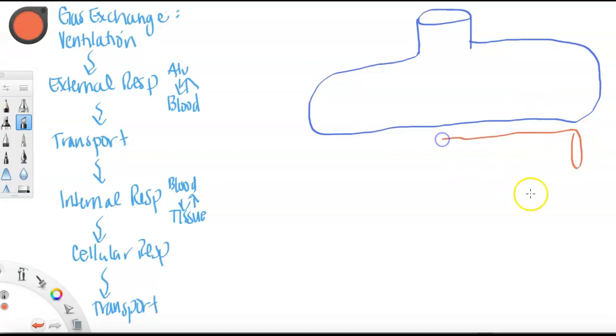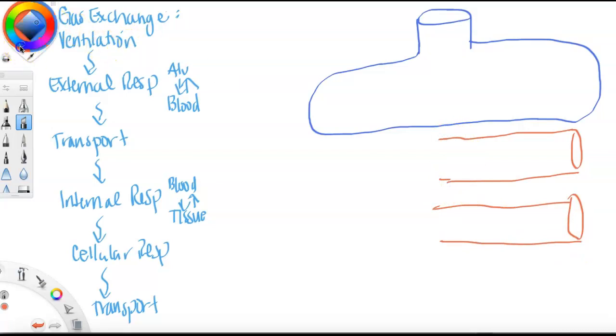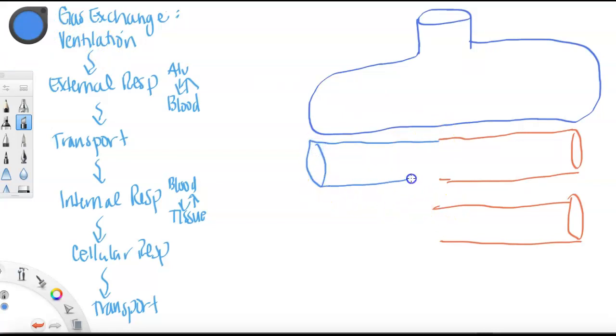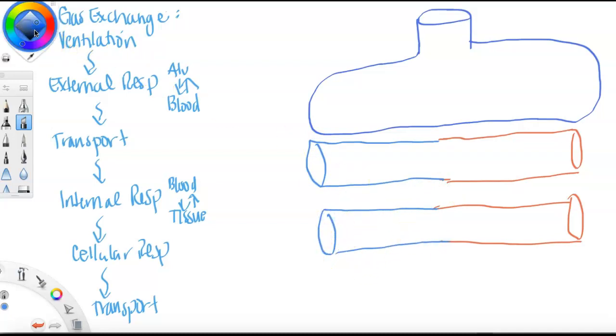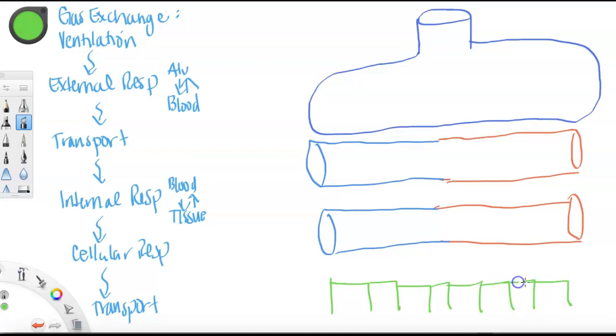So here's vessels here. Here's the end of my vessel. I hope you know what I'm going for here. And then down here we have tissues. So here's my tissue cells.